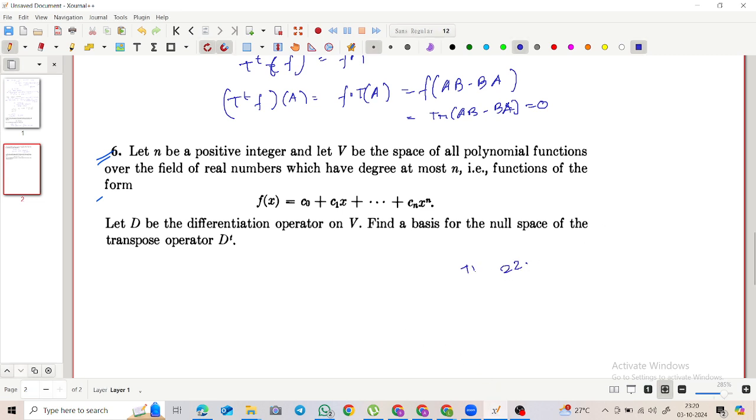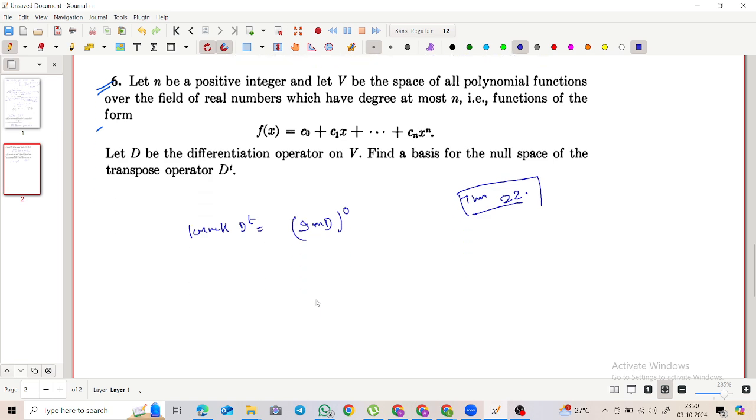Theorem 22. The kernel of D transpose is what? The annihilator of the range of D, right?